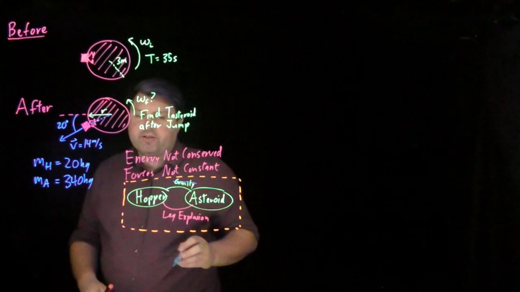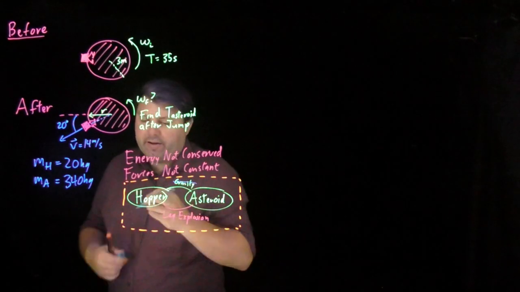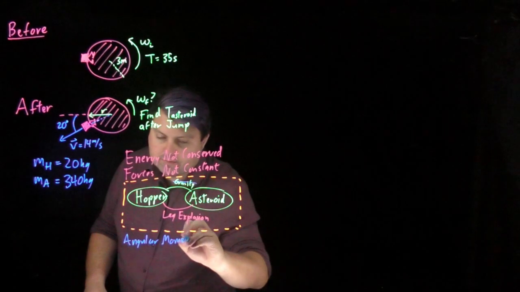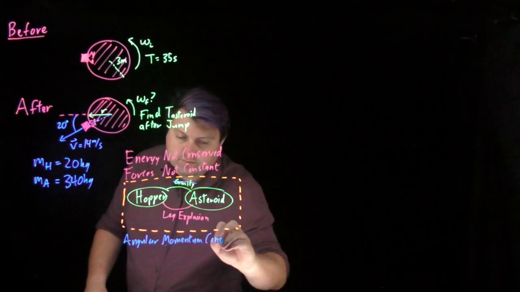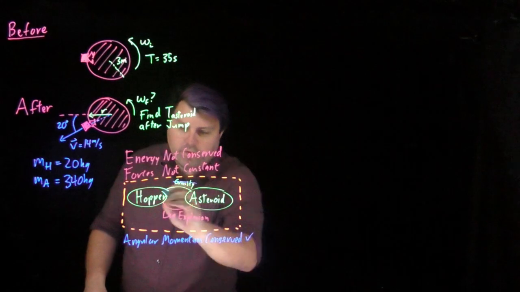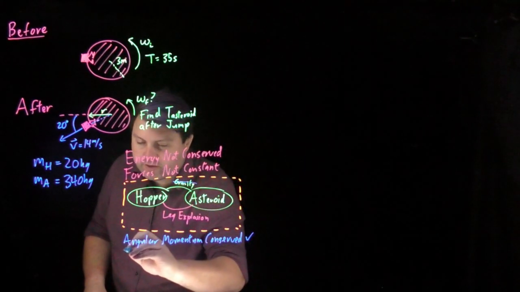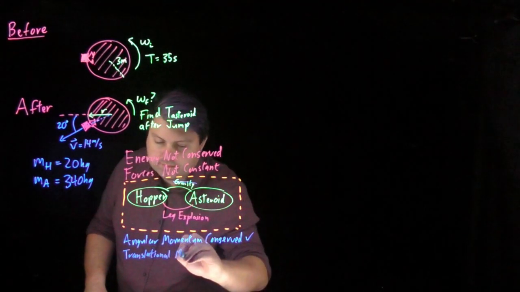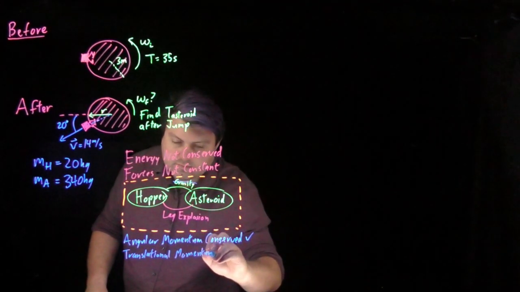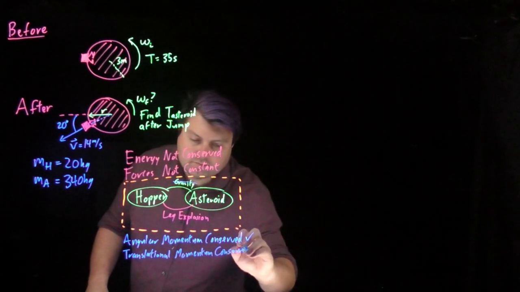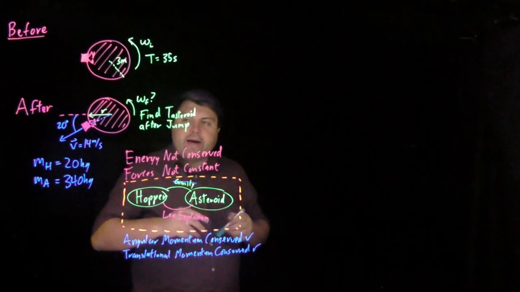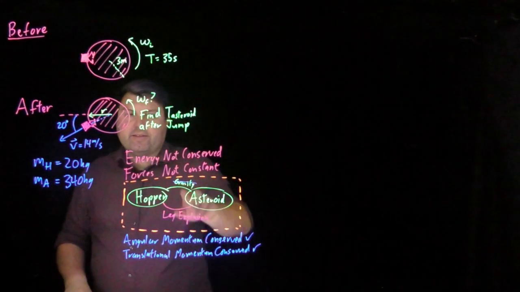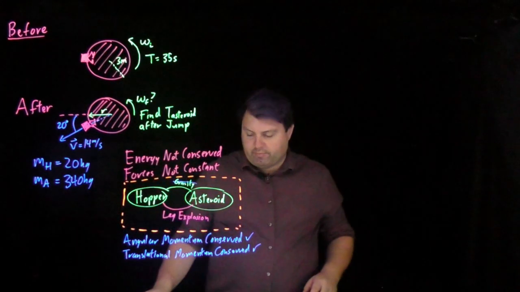These are very small objects, but we have angular momentum conserved, since we don't have any outside forces, and then translational momentum conserved. If we wanted to know the path or velocity of our asteroid after, we'd use the translational momentum. Right now we're asking for period, which is an angular momentum thing.